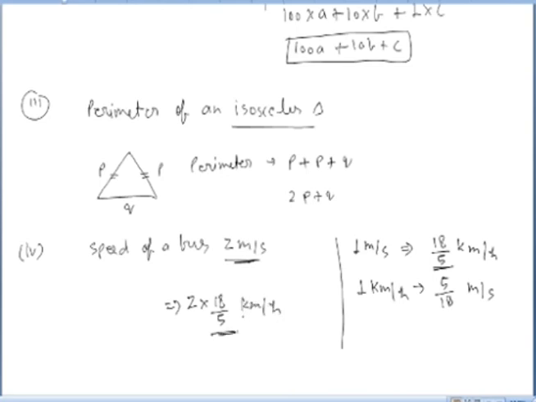Okay, now question number 5. A pair of shoes costs rupees X, and the cost of a dress is 200 more than 5 times the cost of the shoes.